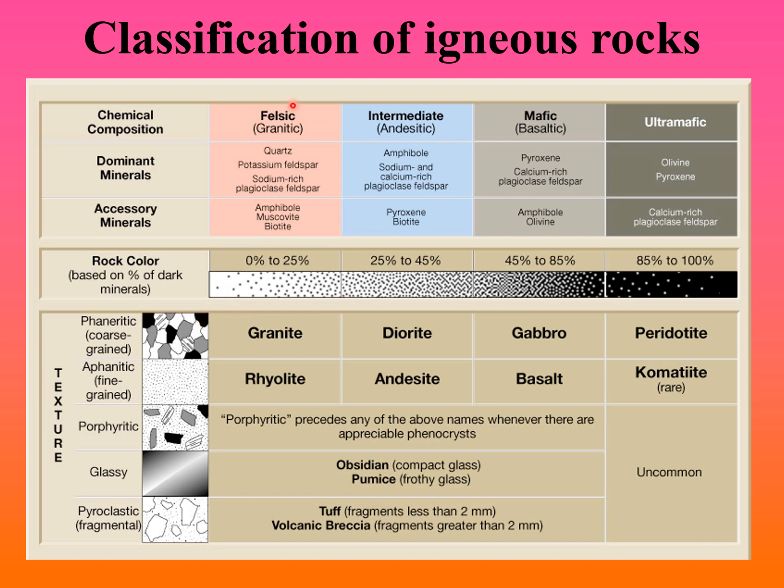And when these erupt on the surface or cool in the crust slowly, when they do that, we call them phaneritic or coarse-grained, and the felsic version of that is granite, intermediate version of that is diorite, mafic version of that is gabbro, and ultramafic version of that is peridotite.